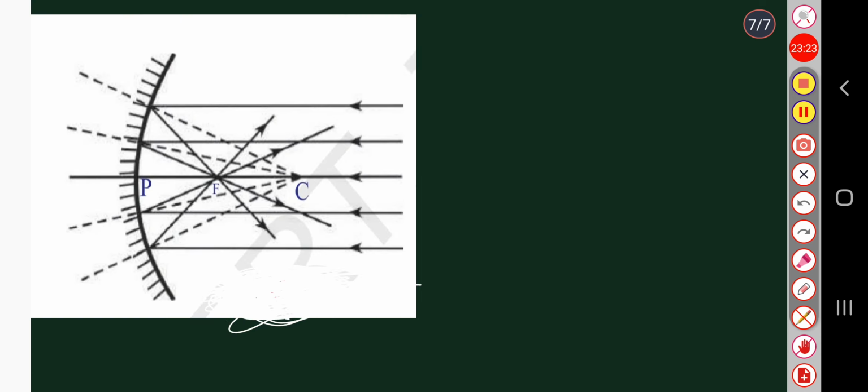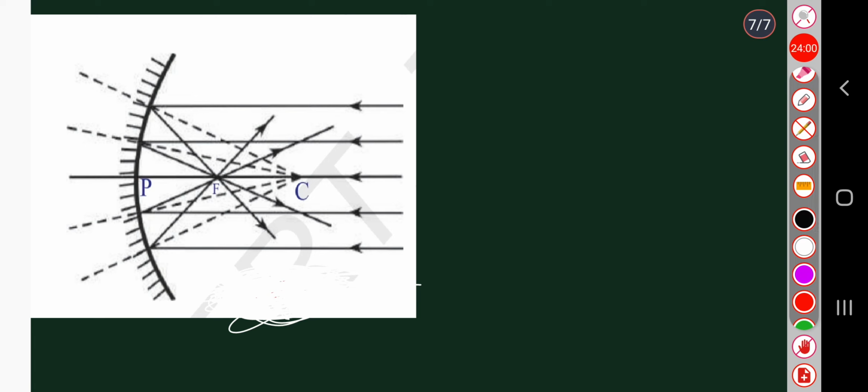Dear students, in this activity we are holding a concave mirror such that the sunlight falls on it. Now take a small paper and slowly move it in front of the mirror and find the point where you get the smallest and brightest spot, which will be the image of the sun. You see here where the image of the sun is.